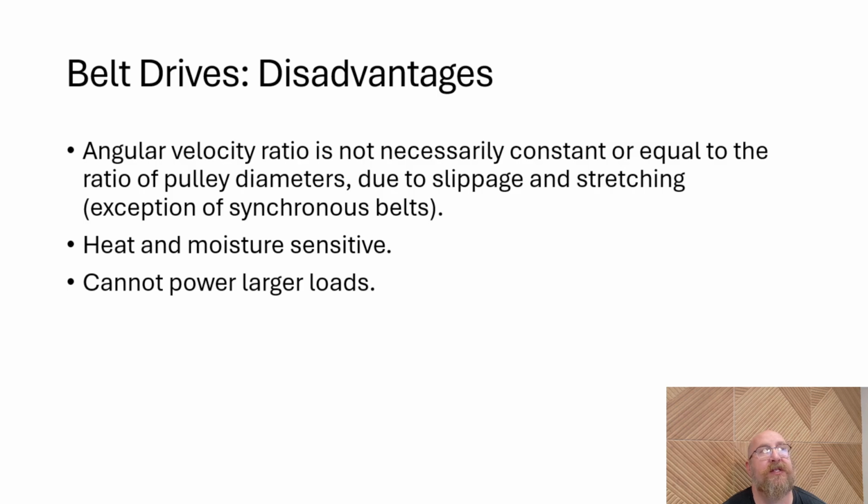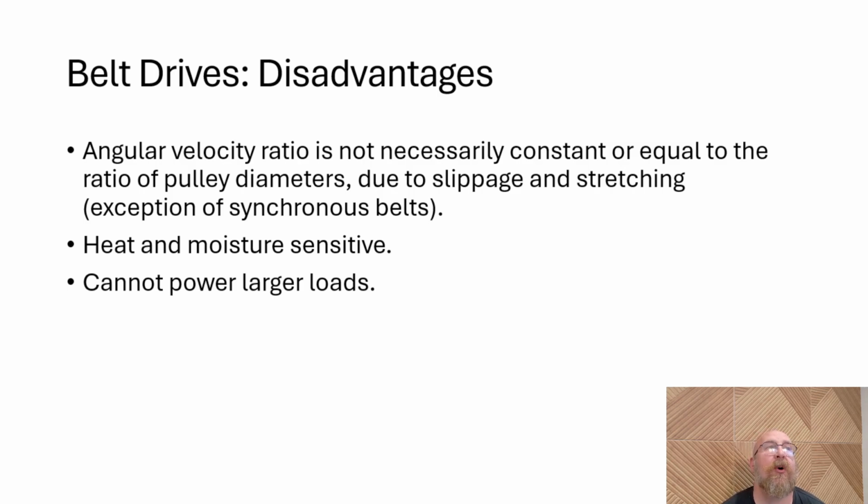The disadvantages: because it relies on friction, the angular velocity ratio is not necessarily constant or equal to the ratio of the pulley diameters, because they'll slip and they'll stretch. They're heat and moisture sensitive, so that's a bit of a disadvantage.